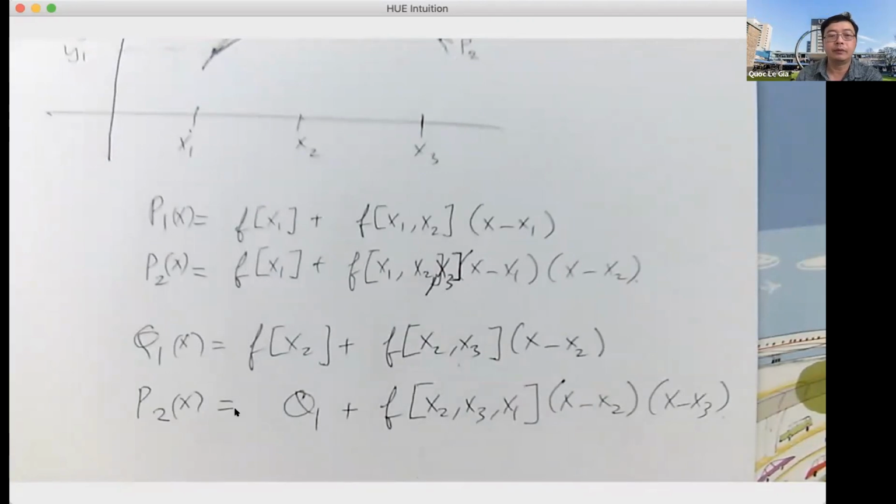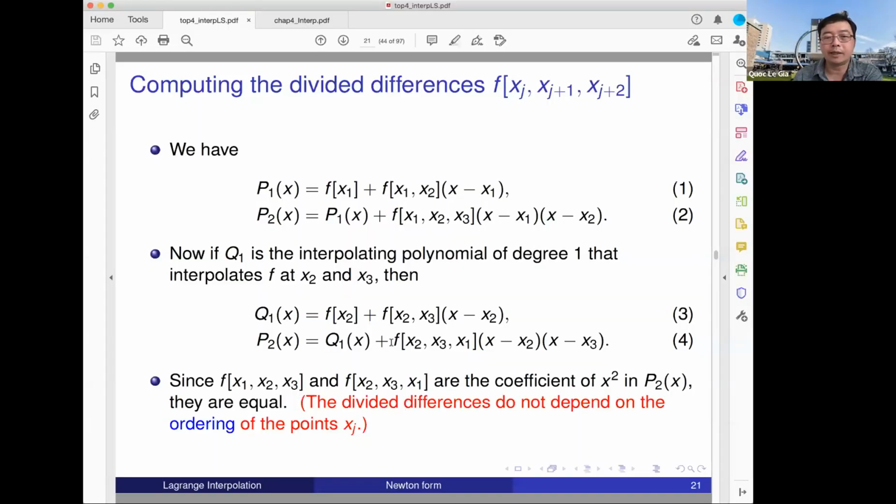Even the order x1, x2, x3 or x2, x3, x1, you see that they have to be the same because they are just the same coefficient of the same polynomial.